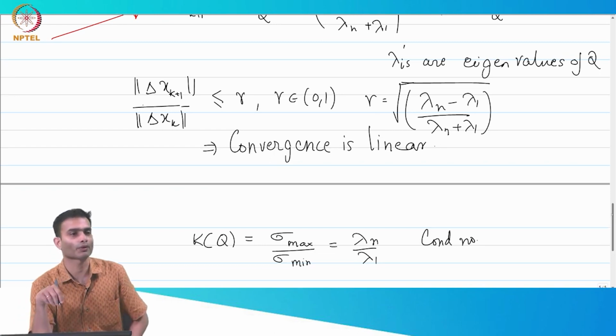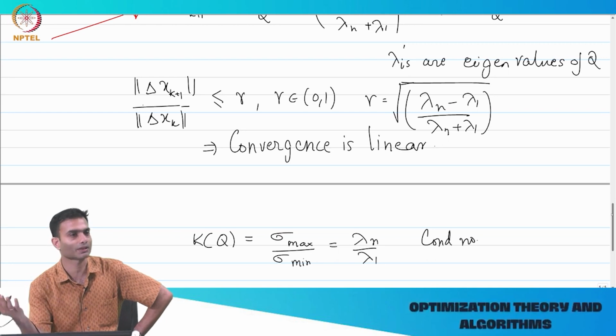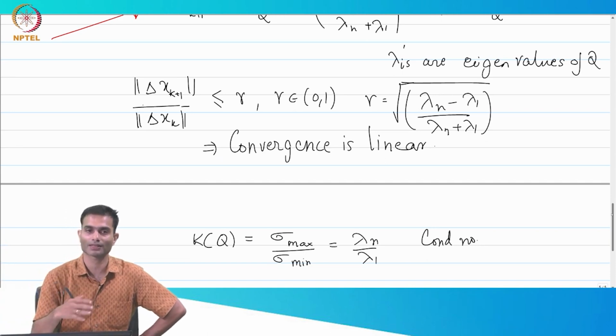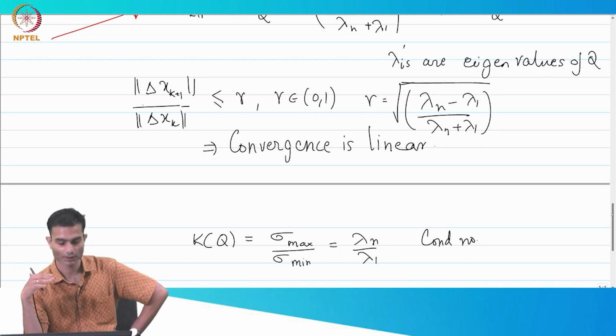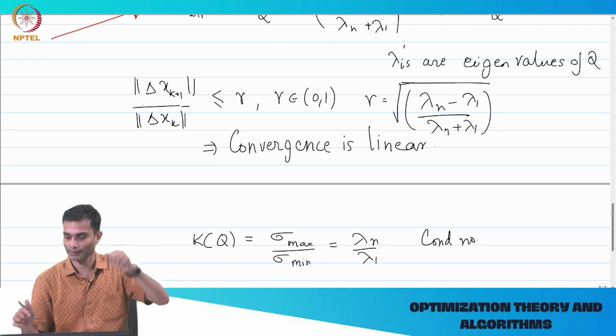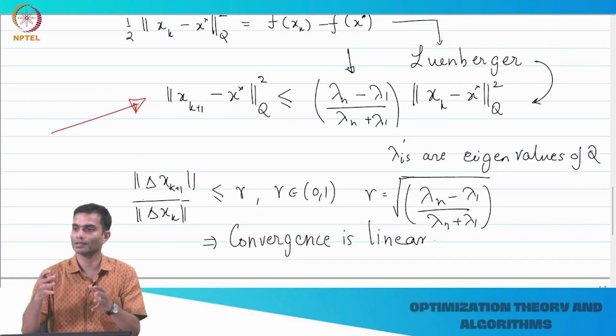So intuitively, what we are getting from here is that a worse condition number means a high condition number. The best condition number possible is for the identity matrix, which is 1. You cannot have a condition number less than 1. So the higher the condition number, the bigger is this ratio, lambda n to lambda 1. And this constant over here is going to get larger and larger.